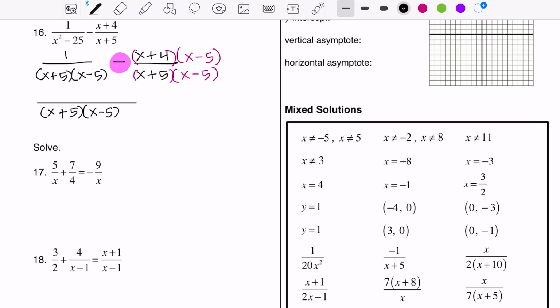And then this one, you just need to be careful because you're going to multiply using the rainbows, but all of it needs to be subtracted. So make sure you put a big set of parentheses. So that's x squared minus 5x plus 4x minus 20.